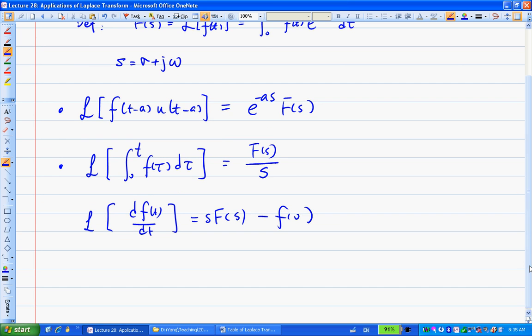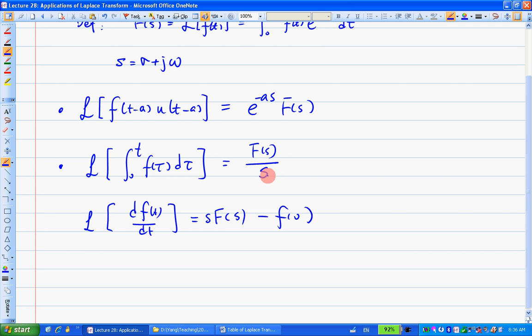Now if you compare these two properties, look at what this s is doing, associated with the type of function that you're transforming. This is a derivative, and this is the integral. When you transform an integral, you have 1 over s showing up. When you transform a derivative, you have s showing up. Suppose you have an initial condition f of 0 is 0, then this is just sF of s.